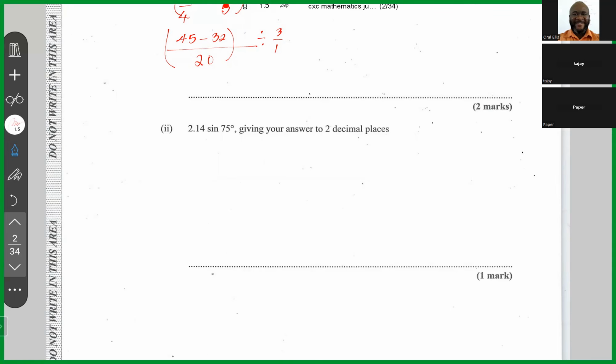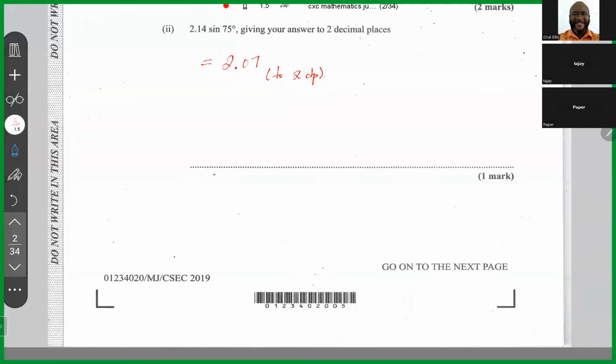Now, to 2 decimal places, you put 2.14 sine 75 degrees in your calculator. To 2 decimal places, the answer is going to be 2.07, and this is to 2 DP. So all you do is just simply put that in a calculator and press equal.